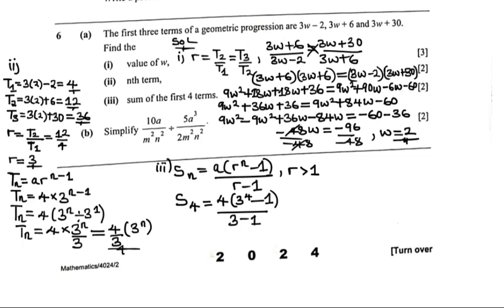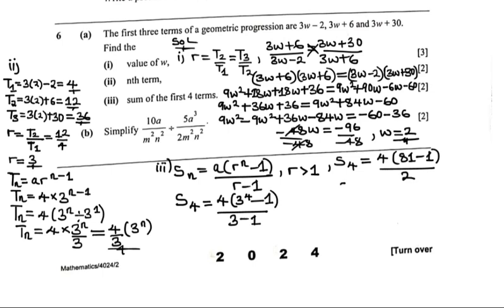Working out what is in brackets first will give us the following. So S subscript 4 is equal to 4 open bracket 3 to the power 4, that is 81, then minus 1 close bracket over 3 minus 1, that is 2.